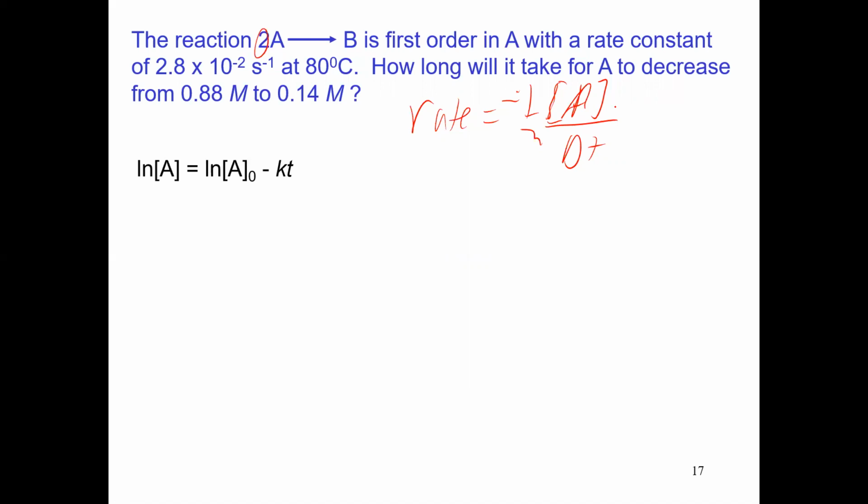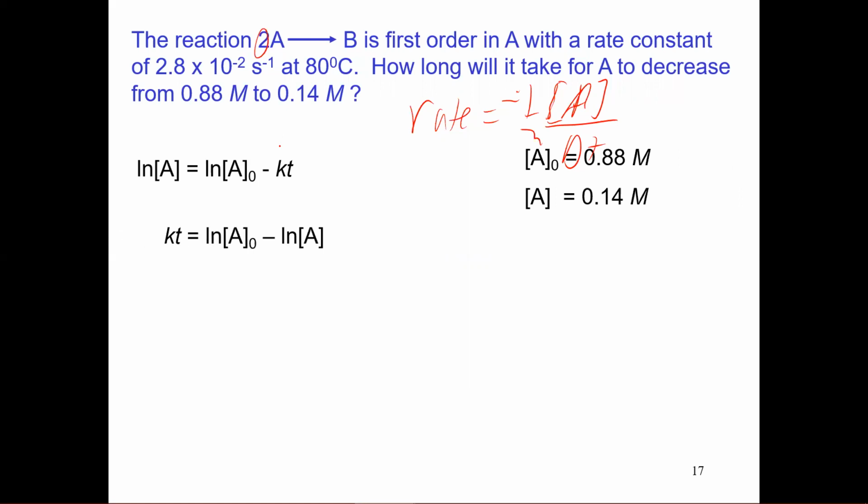And you go by the rate order. You said it's first order, so you use this other equation here related to that. You have A0 is 0.88 molar, A is 0.14. So kt is equal to that value. The time t is equal to the difference.